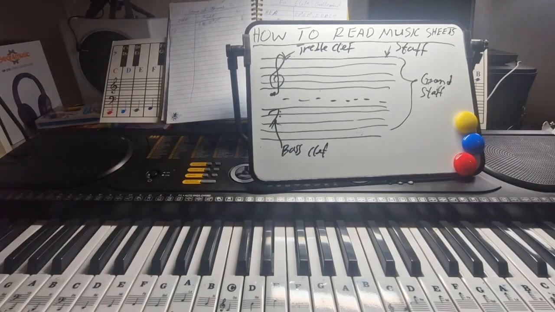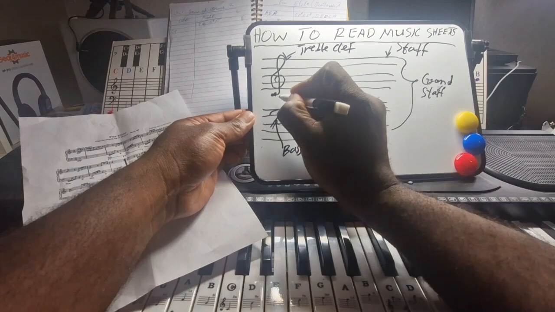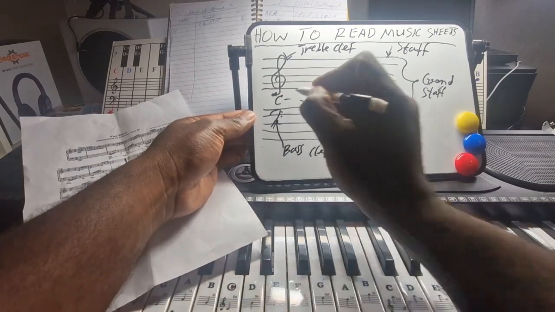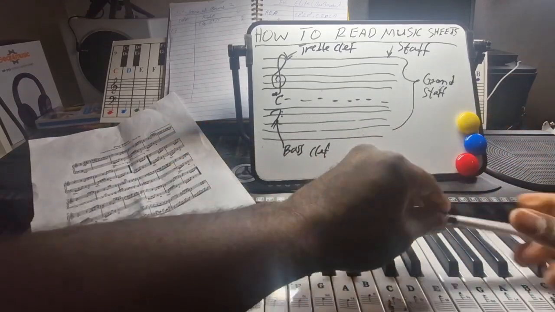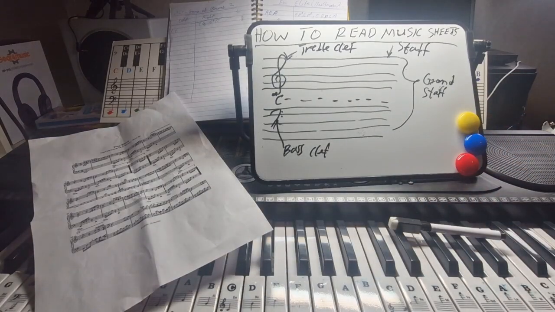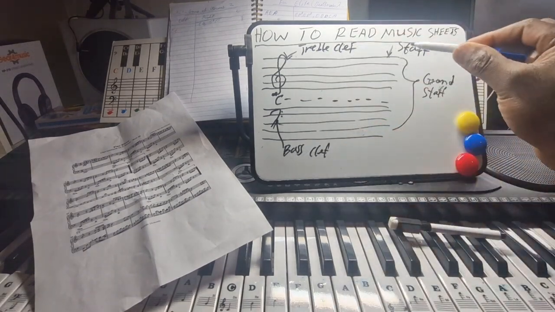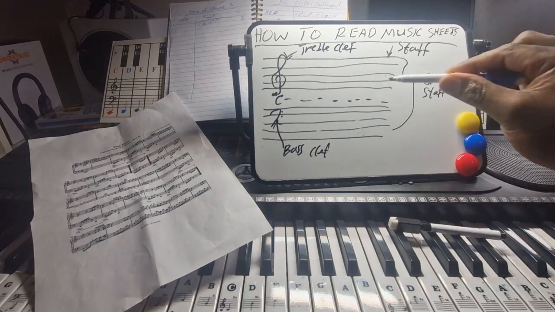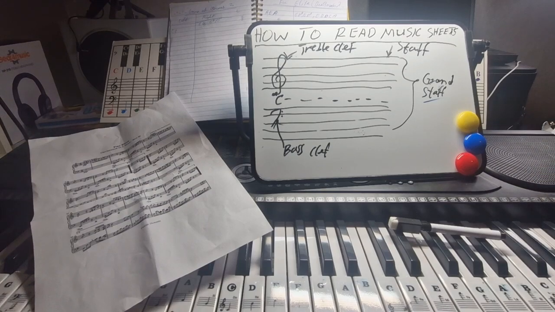Now, here is the middle C. Okay. Let me get a different color. So now this is the treble clef, and this is the bass clef, and these ones are called the staffs, okay? And together everything is called the grand staff, right?